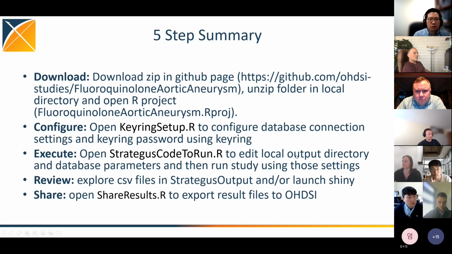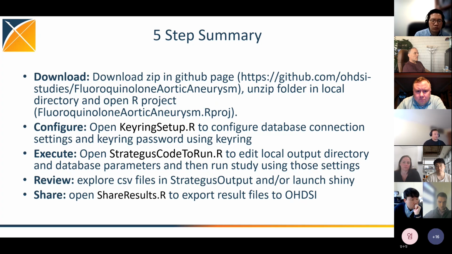So to summarize where we are, we downloaded the zip for the project from GitHub. We unzipped the folder into a local directory and opened up the project. We then configured the project using the keyring setup.r script to make sure that we have the database connection settings and keyring password ready to use.